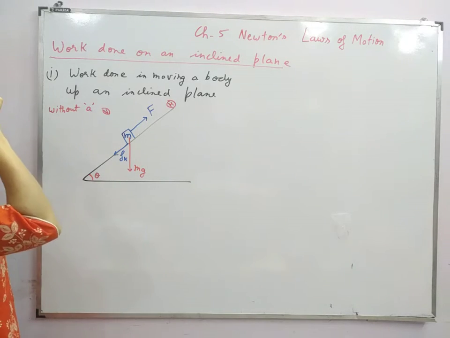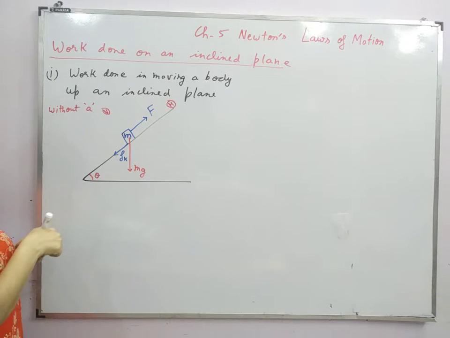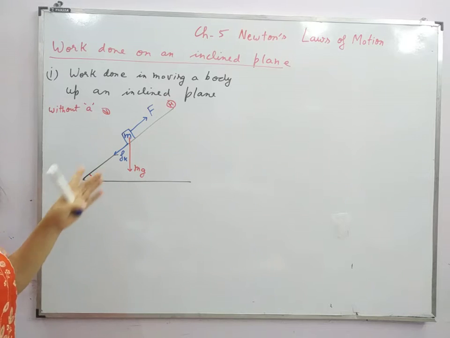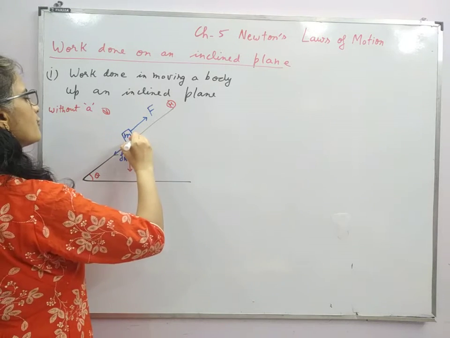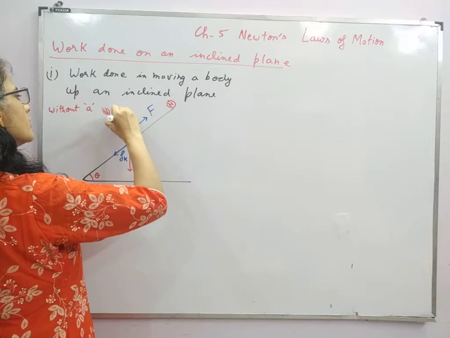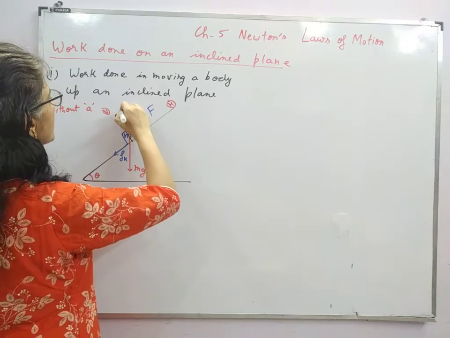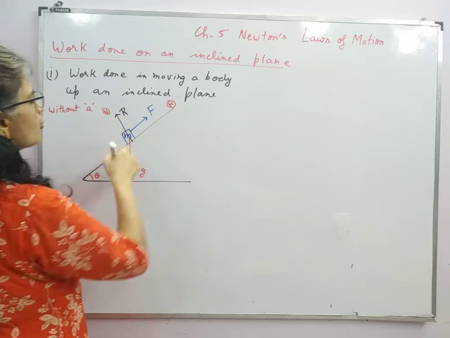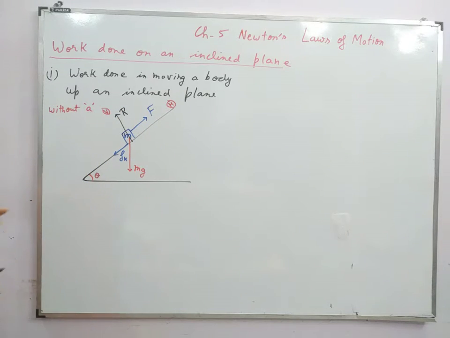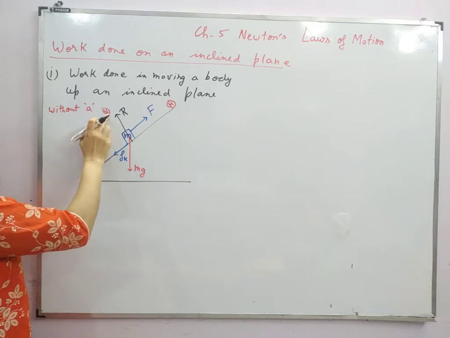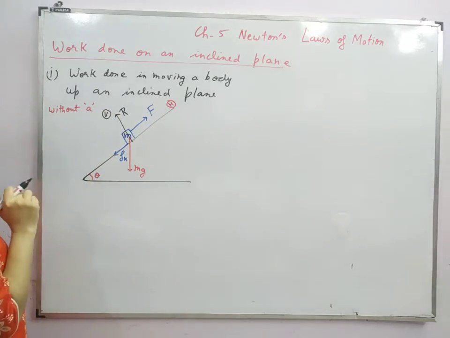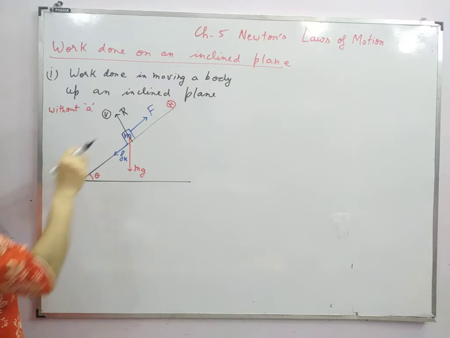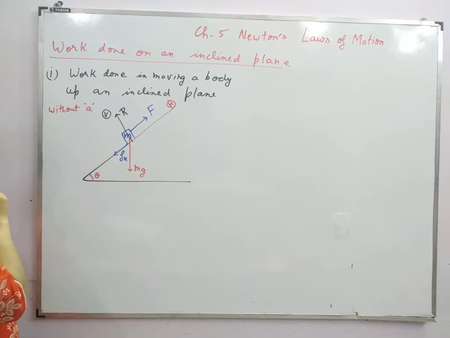Now we have to mark one more force which is acting on it. What is that? Since the block is on this inclined plane, the normal reaction force will be normal, outward to this inclined plane. Now if this is our vertical and this is our horizontal, all the forces must be along these directions.